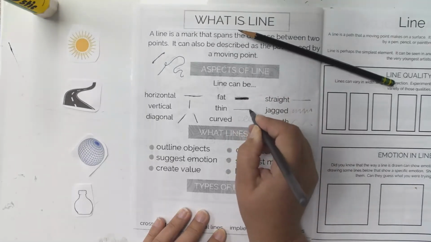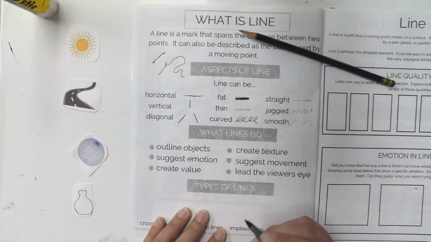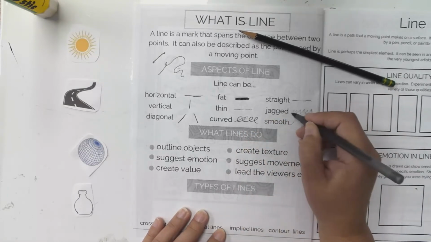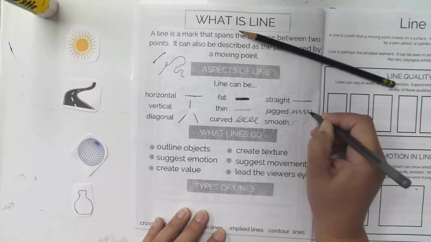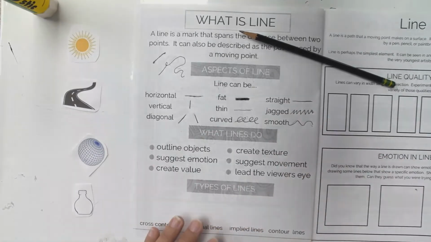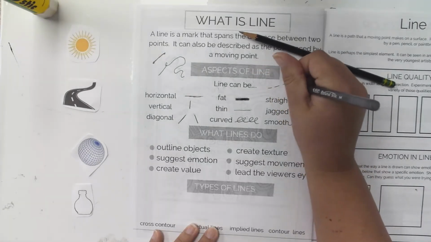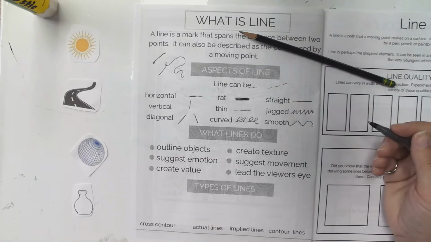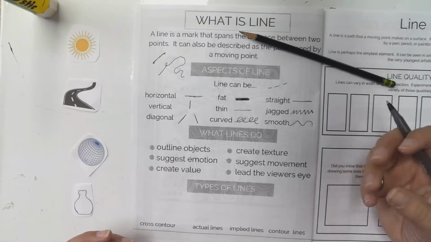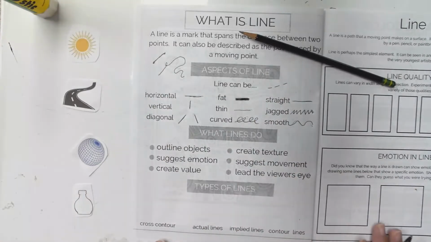We can have very thin, curvy, straight, jagged, and smooth, kind of like a smooth transition. And there are also other lines. We have interrupted lines, kinds that break up, and we have lines that can create patterns as well. So we can mix and match these.